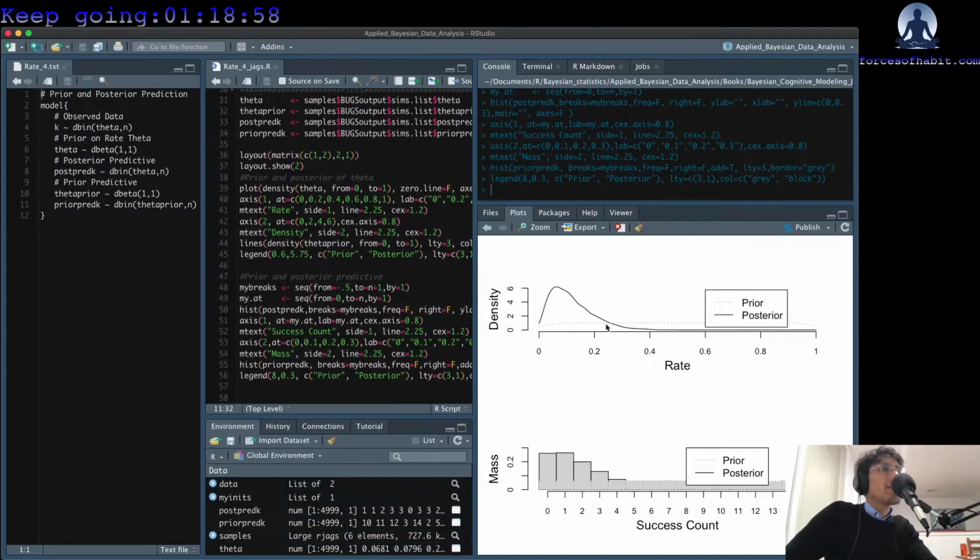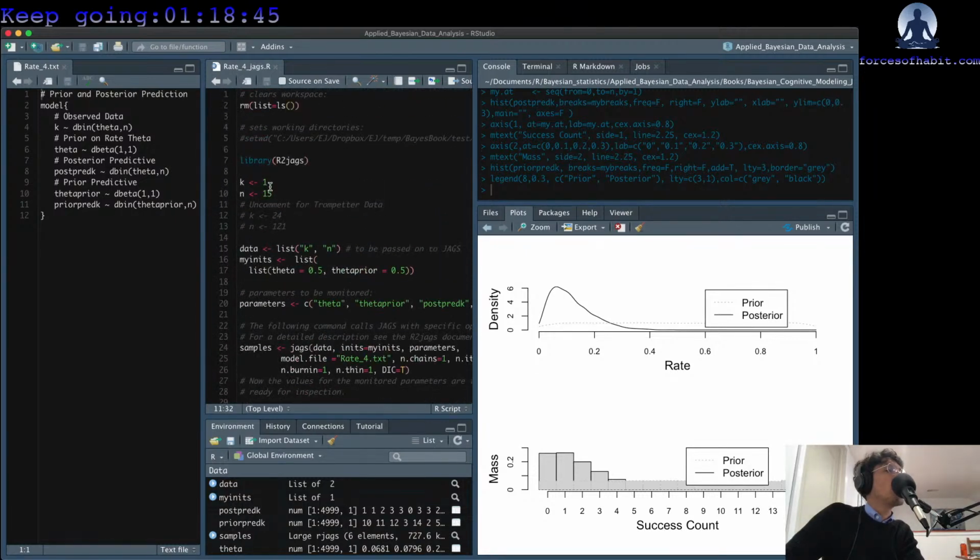In this case, we used uninformative priors, so uniform priors, and then when we observed the data, we saw, let's see, we only saw one success. So that's information that we're not that successful out of 15. So it's more likely that the success rate, the underlying likelihood, is low.